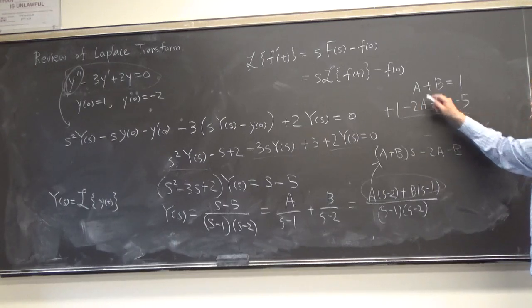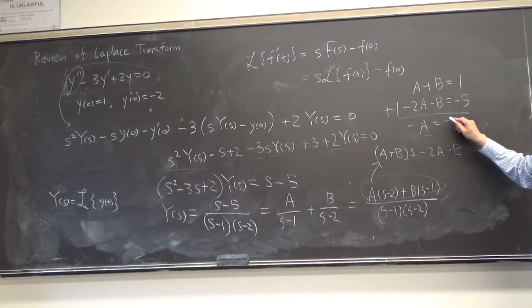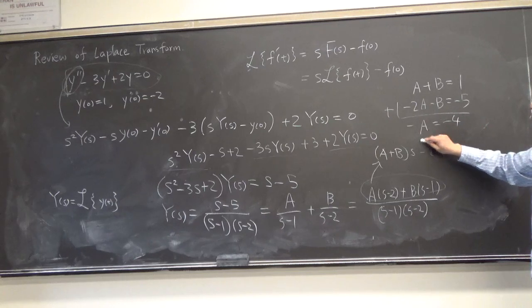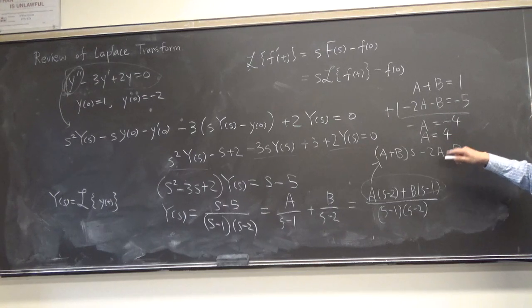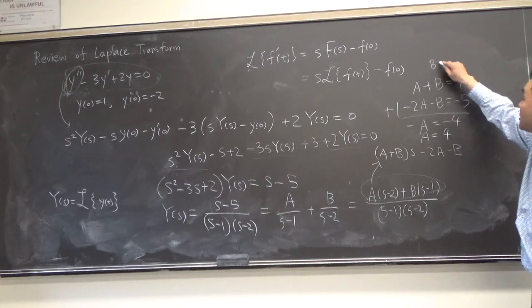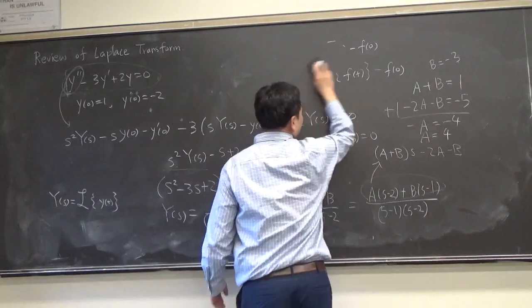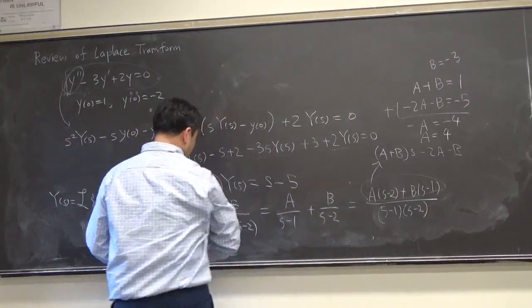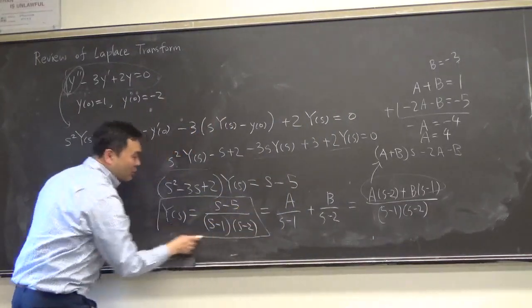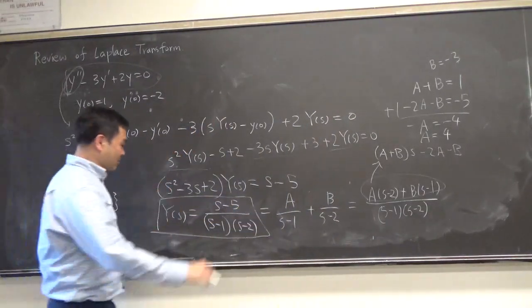Simply add them, you get negative A equals negative 4. So A must be positive 4, and then plug it back in here, you get B as negative 3. Although we thought we had the answer, wait, this is not the answer yet.